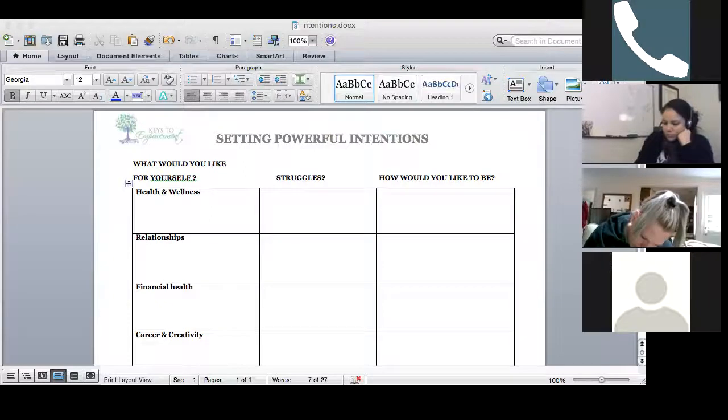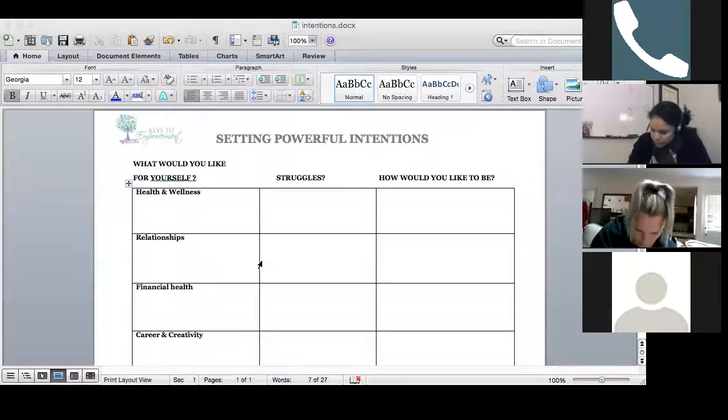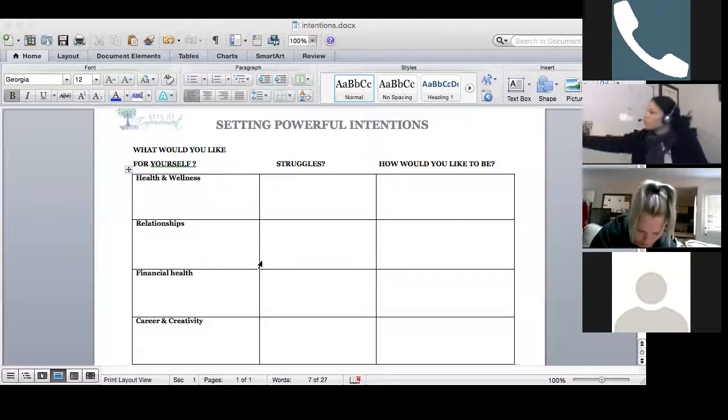And then the next area is, what would you like for yourself in the place of relationships? What is your deepest desire? Taking a deep heart breath. Think in relationship to yourself, to a higher source, with others, with groups.